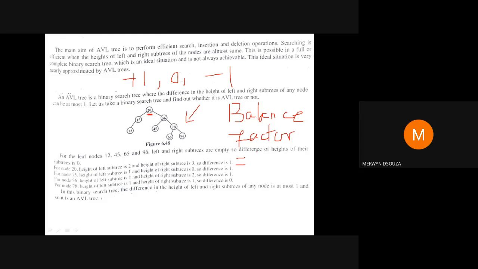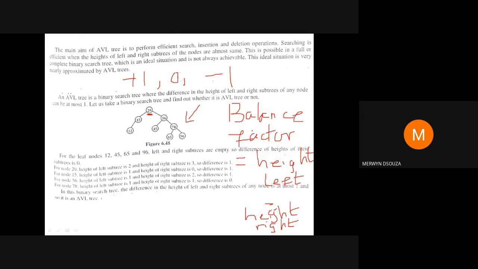The way to calculate a balance factor is the formula: height of the left subtree minus the height of the right subtree. When you're calculating the balance factor of any node, it is height of the left subtree minus height of the right subtree.